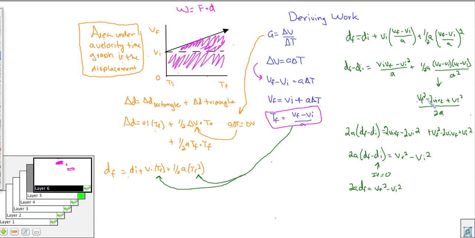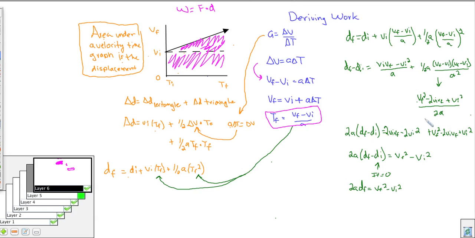If I multiply that out, I got VF squared minus 2 times VI VF plus VI squared. That's the process of distributing that out. And if I have 1/2 A times that, it's going to cancel out one of those A's, and then I got the 2 on the bottom that I multiply right here.